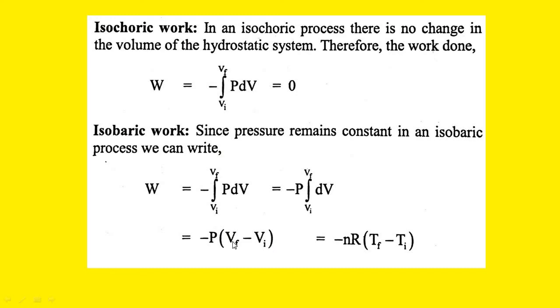And this P into Vf you can write as nRTf, and P into Vi can be written as nRTi. So this is minus nR Tf minus Ti. And that's all about these initial topics in your work calculations. Thank you.